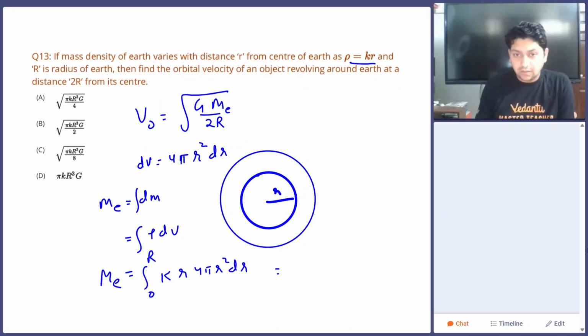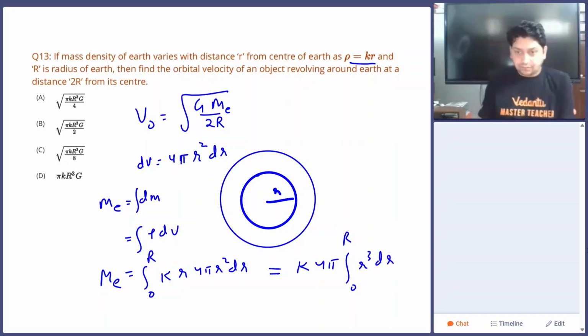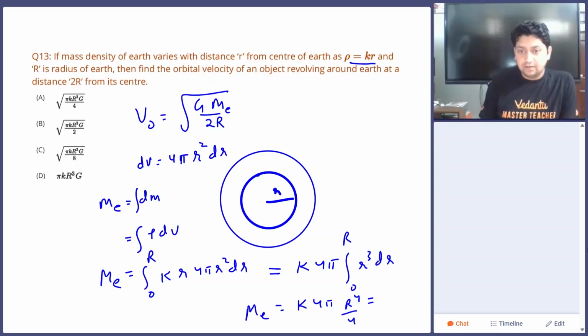We can take out the constants k and 4 pi, and integrate r cubed dr from 0 to R. The integration will come out to be R raised to power 4 by 4. The 4 and 4 will cancel out, so the mass of Earth will be given by k pi R raised to power 4. So over here we can put the value of the mass of Earth as k pi R raised to power 4 over 2R.